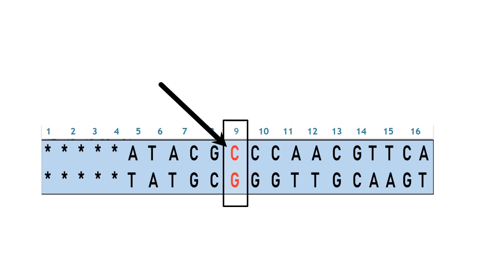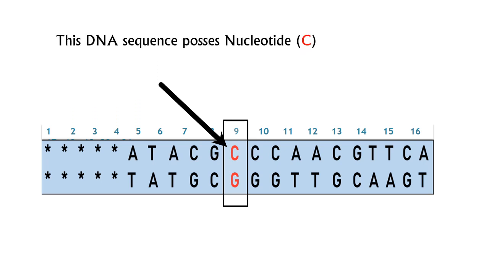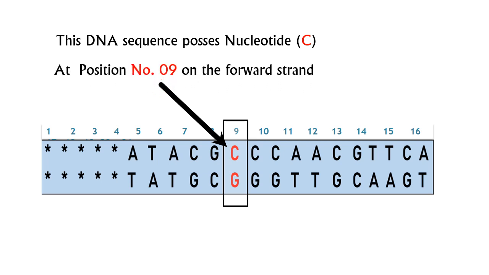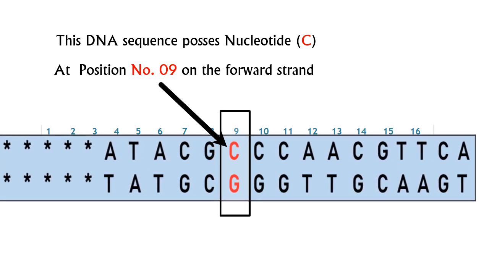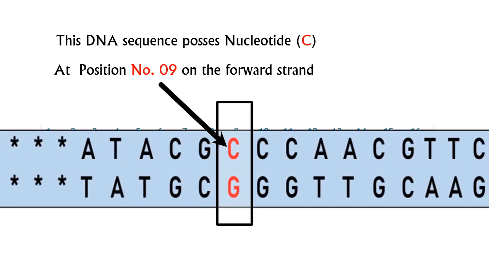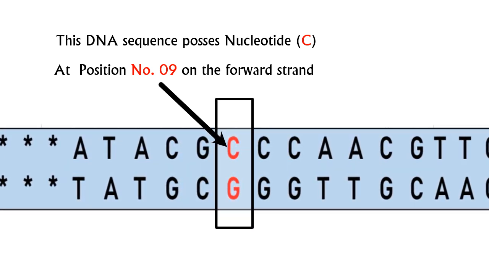If we look at this figure, we see that individual 1 has a C nucleotide at position number 9 on the forward strand. This individual has a C nucleotide at this point.